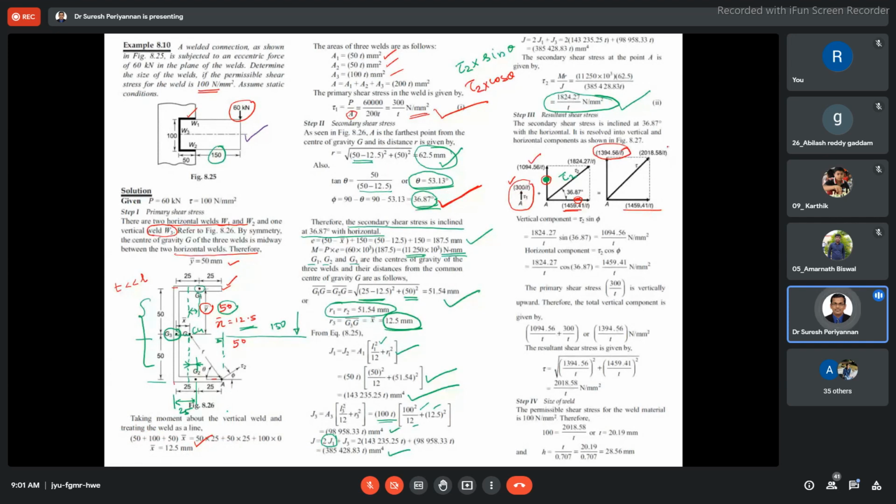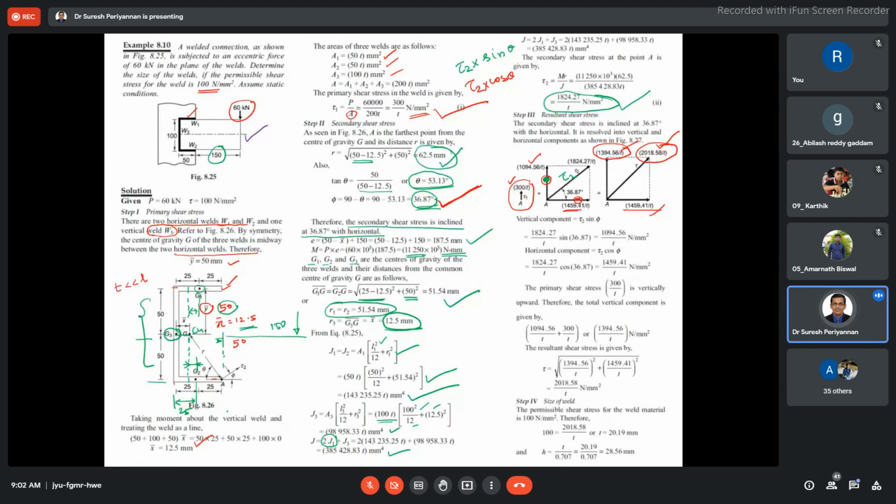Now go for finding the combined resultant here. Tau is equal to square root of 1394 squared plus 1459 squared. You are going to get the combined resultant here, or else you may say the design resultant. This is going to be used for finding our thickness of the weld.